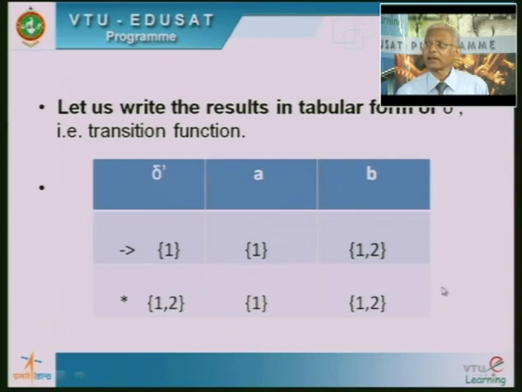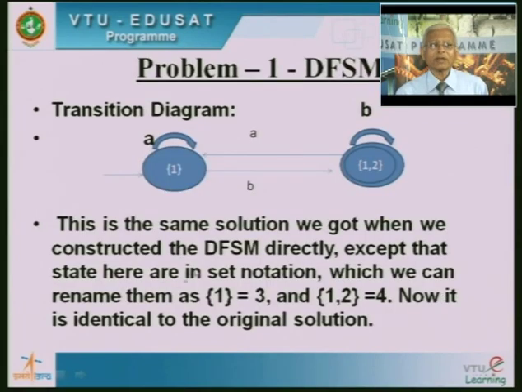If you write a diagram, then it will look something like this. So, that will be 1 2, on A it will go to 1 itself, on B it will go to 1 2, on B again 1 2, on B it will go to itself, and on A it will come back to 1.